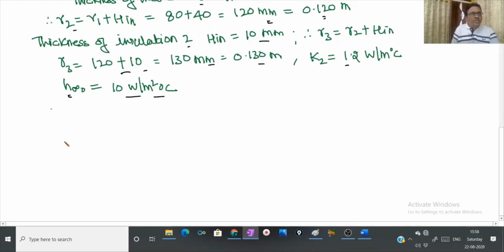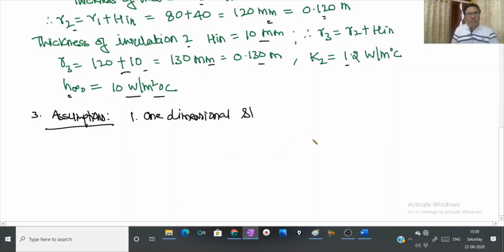Now let us first take assumptions. So assumption 1 will be one dimensional steady state heat transfer.